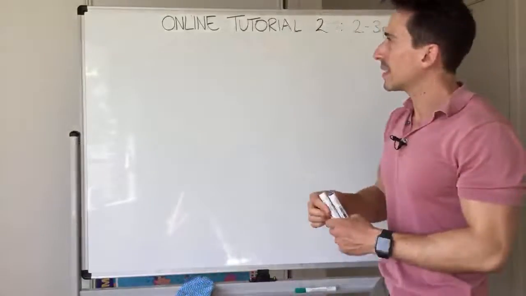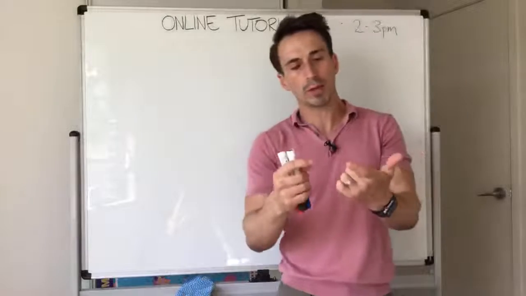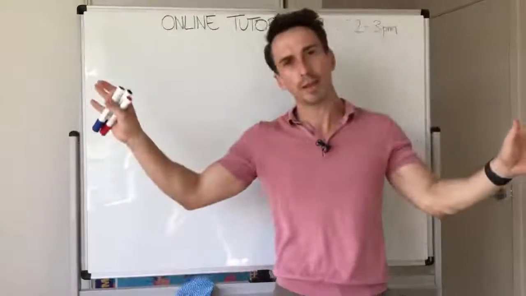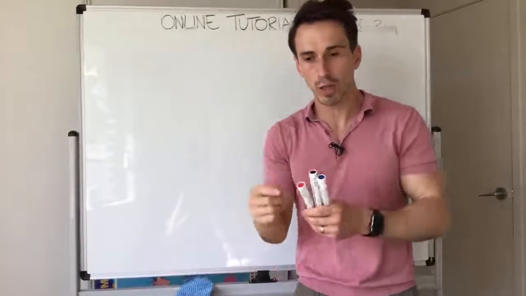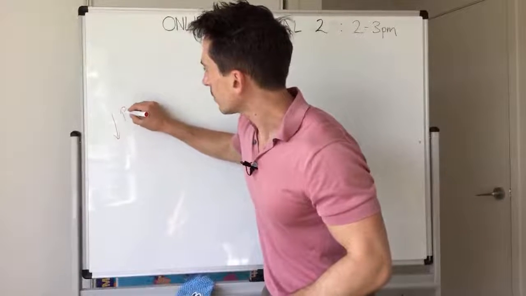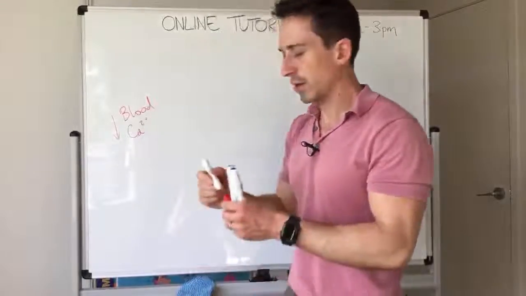All right, let's now look at calcium homeostasis, because we now have set the scene. Calcium's important because that's for muscles to contract and allows for neurons to send signals, among other things. So what happens if our blood calcium goes too low? If we have a drop in blood calcium, what happens?